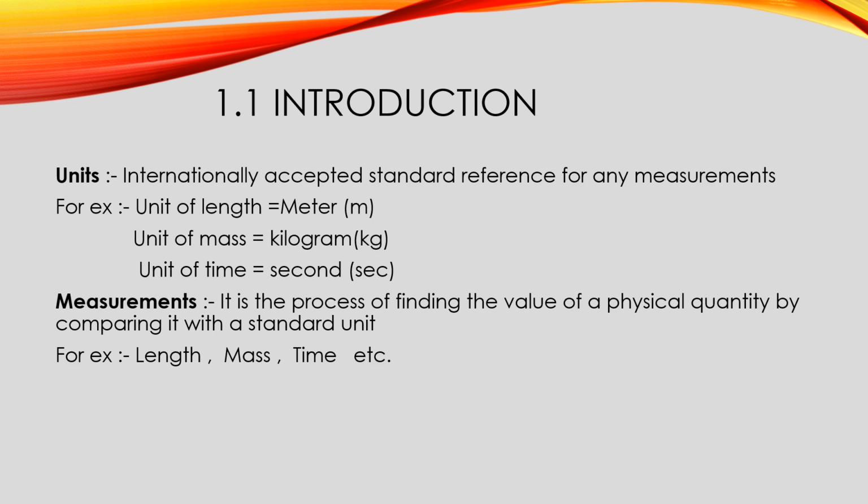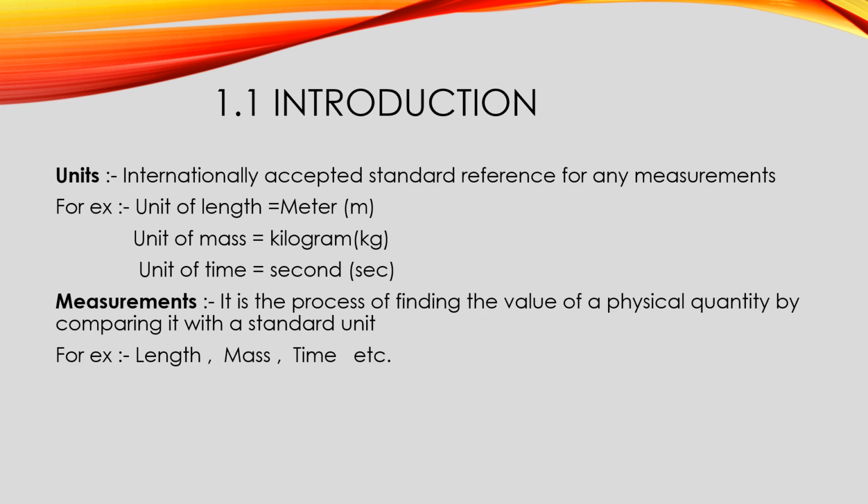Then next we are going to see about measurement. Measurement means expressing a physical quantity using a number and a unit. Whenever we measure something, we must write both the numerical value and the unit. For example, if we say 5 meter, 5 is the numerical value and meter is the unit. Similarly, 10 kilograms and 2 seconds are also measurements.